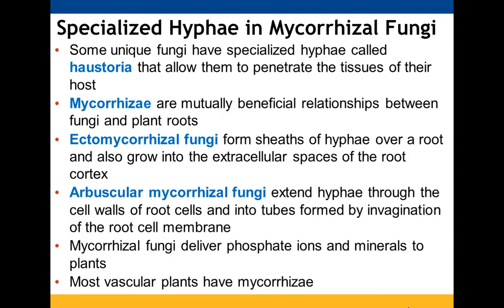So there are fungi that have specialized hyphae called haustoria that allow them to enter the tissues of their host. These typically will result in mutualistic relationships. We see these with plant roots and fungi. You can have ectomycorrhizal fungi that will form hyphae over roots and grow into the root cortex.